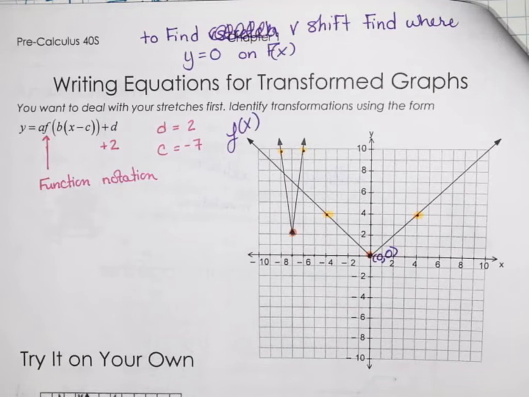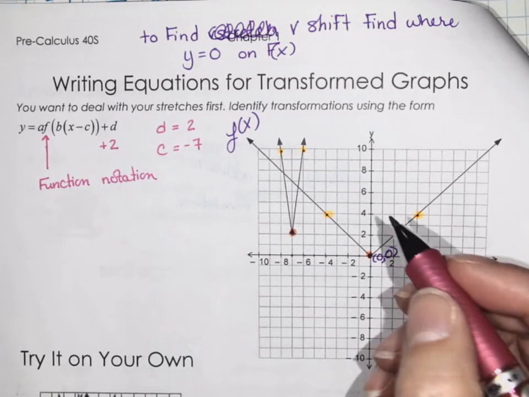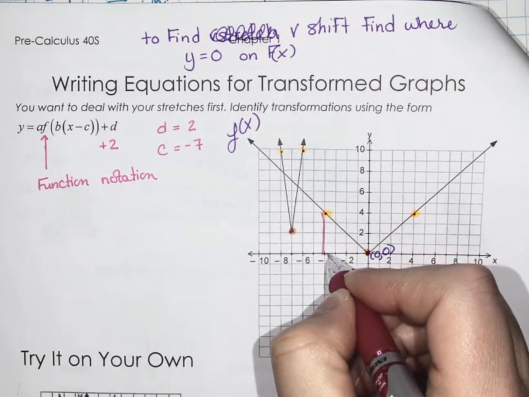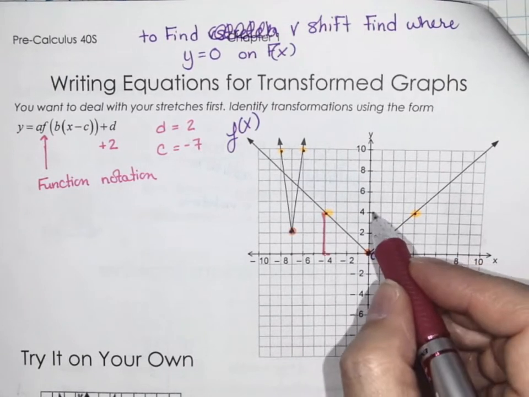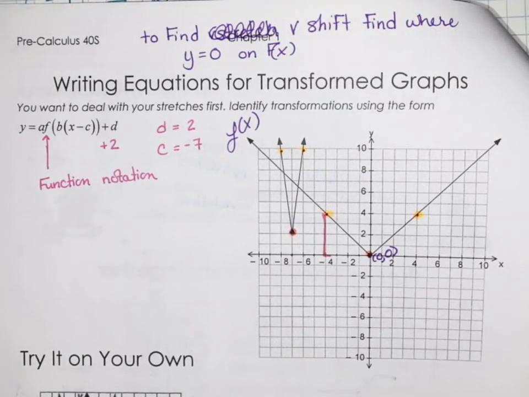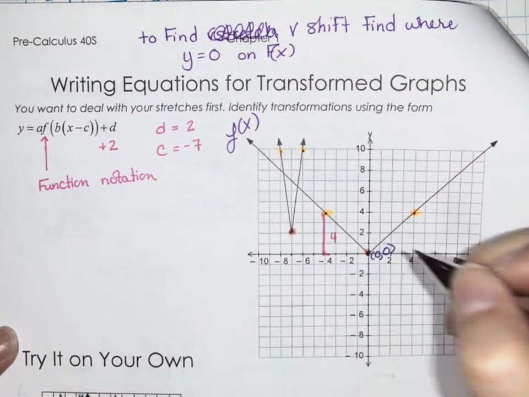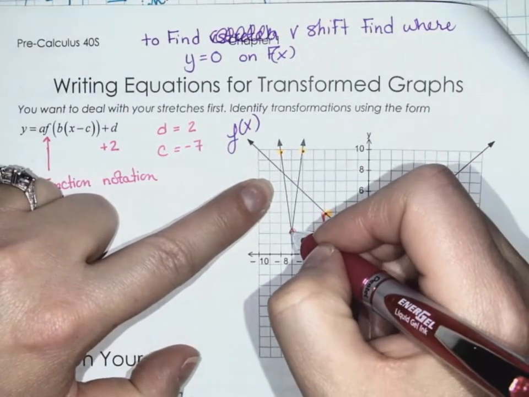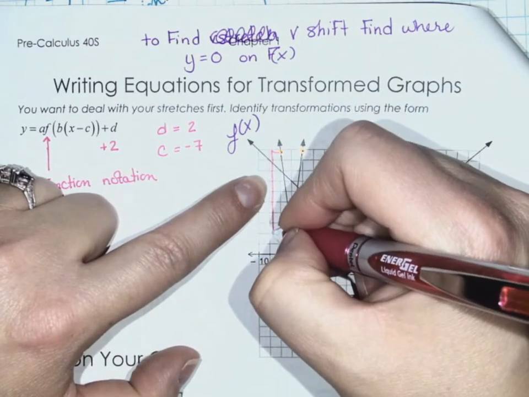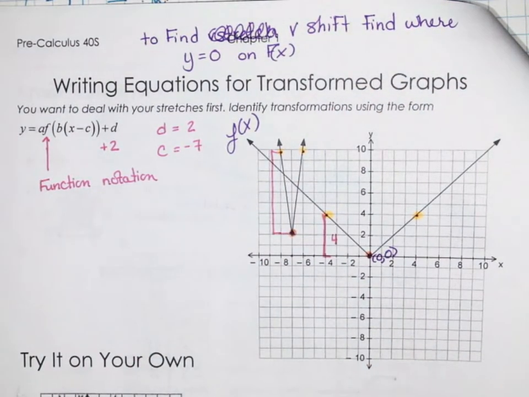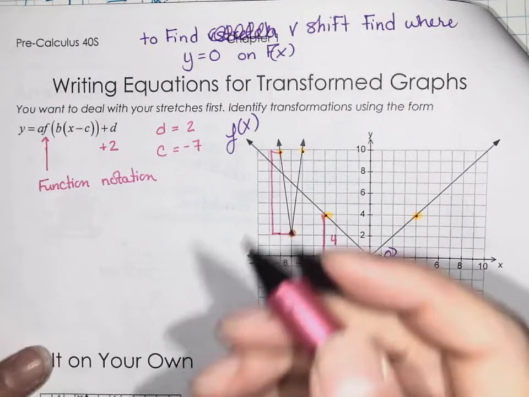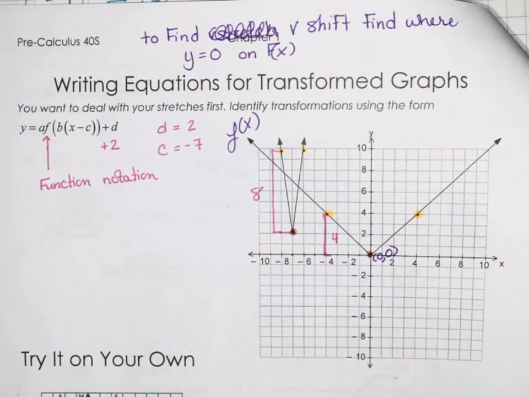To find the stretches, let's do vertical first. You're going to look at the vertical distance between 2 points on your original graph. So I'm going to look at the vertical difference between these 2 points, 0 and 4. So what's the height of that graph? 4, okay? Then on this graph, I'm going to look at the matching translated points. What's the height of that graph? 8. All right.